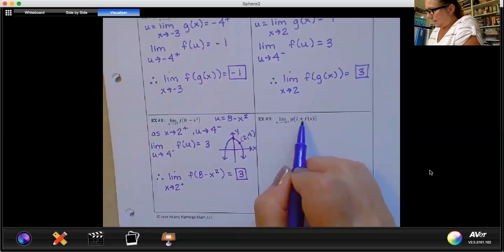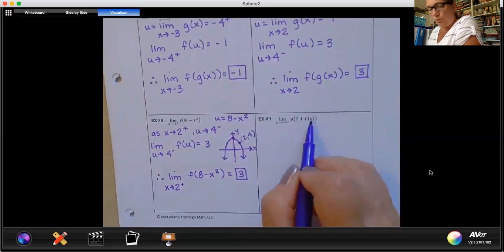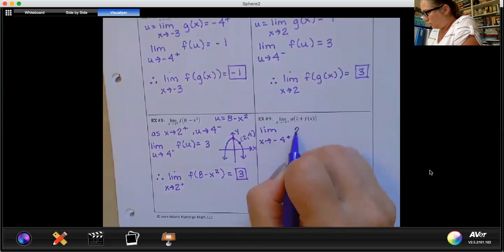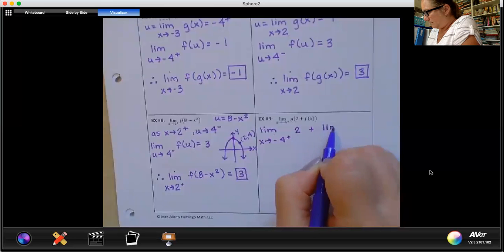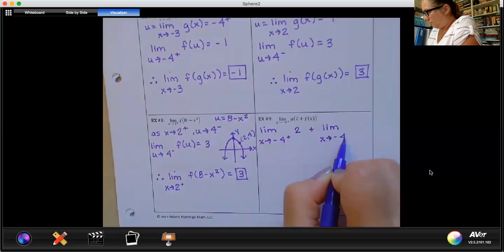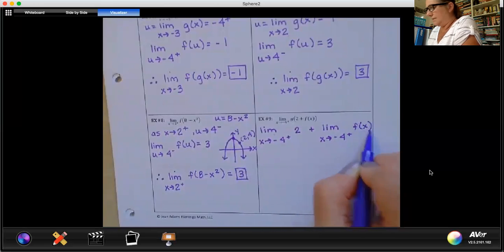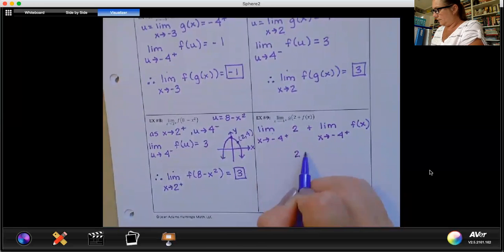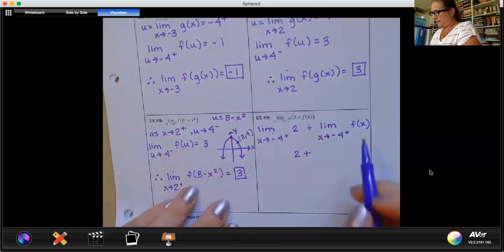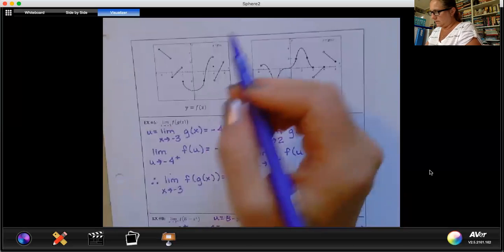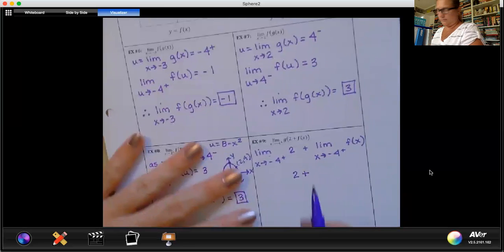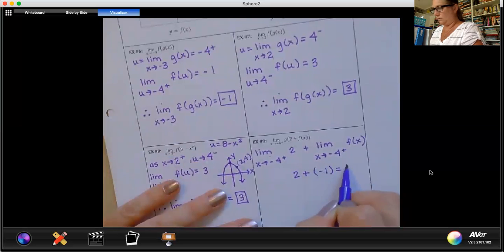Example number 9 is a sum function with the graph on the inside. So we're going to break that up as the limit as x approaches -4 from the right of 2 plus the limit as x approaches -4 from the right of f of x. So that's where we start. We're going to break that inner part up. This is just 2 plus, go to your f graph approaching -4 from the right. -4 from the right is -1, which equals 1.